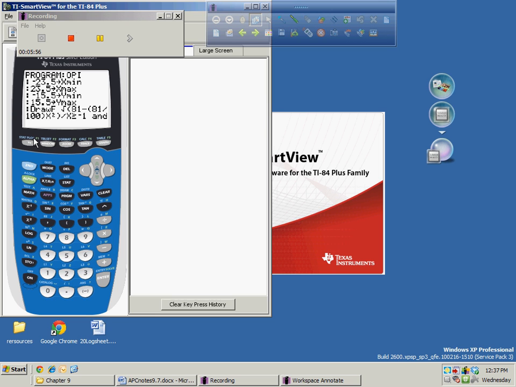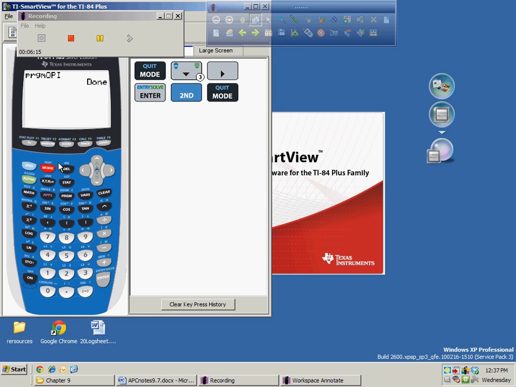So first I want to make sure that I'm in mode parametric, okay? Now I got to go down to parametric. I'm in this program that I made the other day. Sorry, mode, I want to be in parametric.